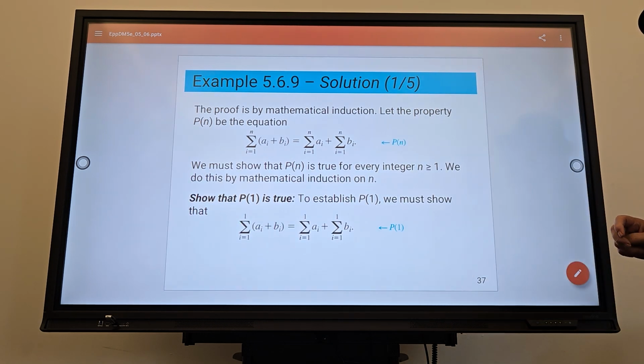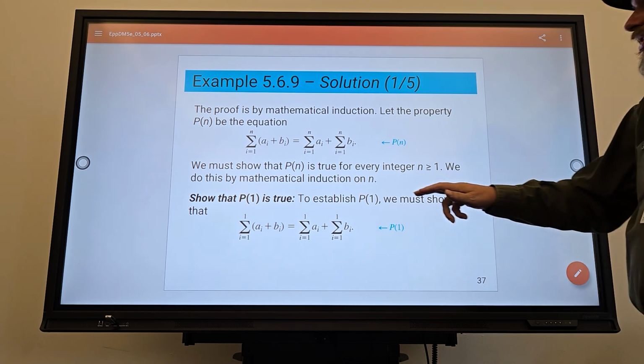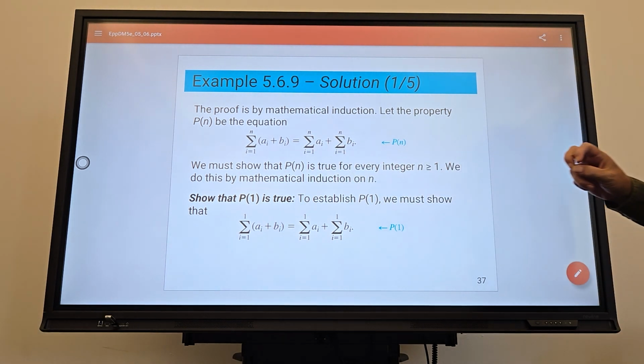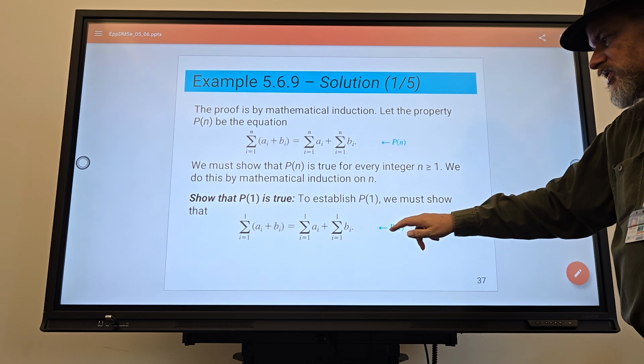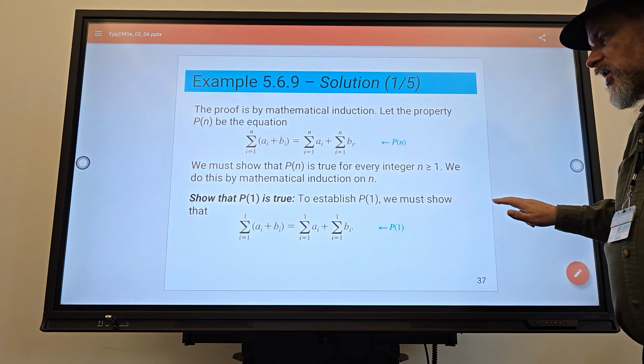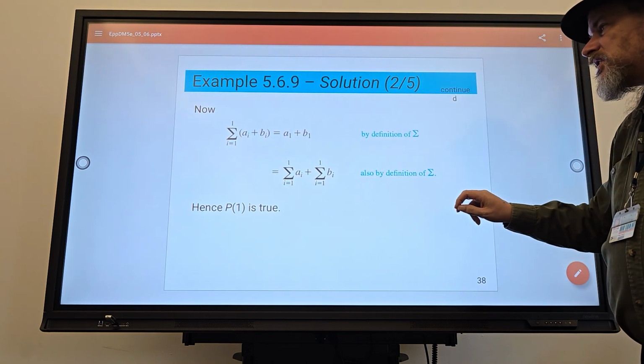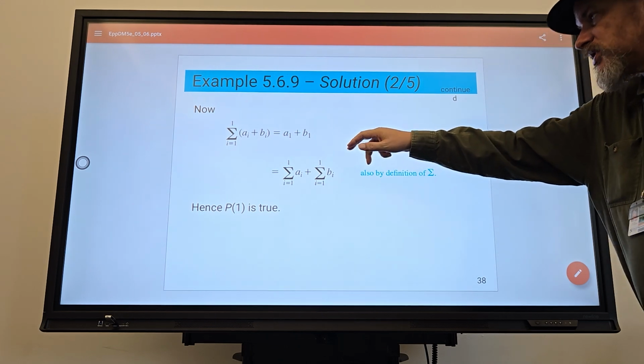Well, this proof is done by mathematical induction. Let property P_n be the equation here. Show that P_n is true for every integer n greater than or equal to 1 by induction. P_1, to be shown first, is very simple.